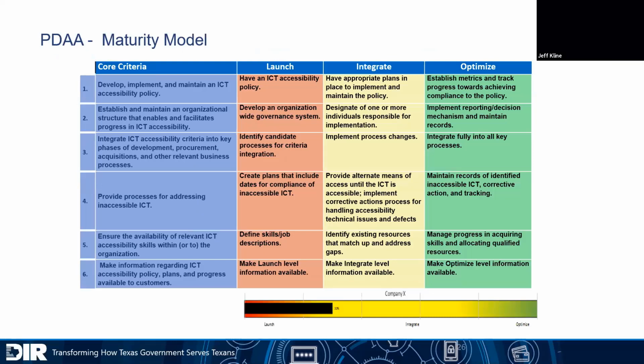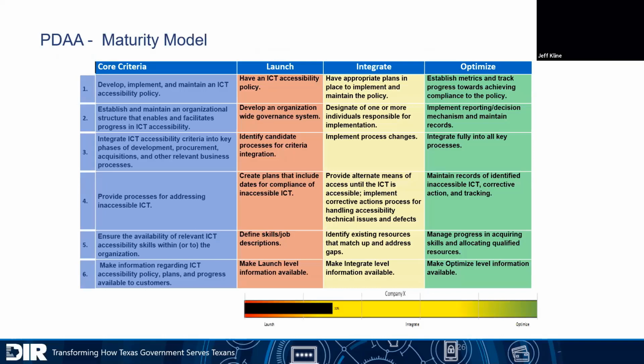So there's 3 phases in the maturity model: launch, integrate, and optimize. And you see a little bar chart down on the bottom. There's a questionnaire that we send out to vendors, and they're required to complete that. As they complete that, it's really an Excel spreadsheet at this point.